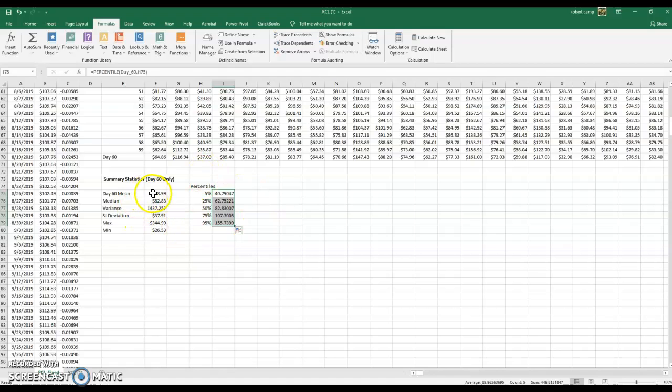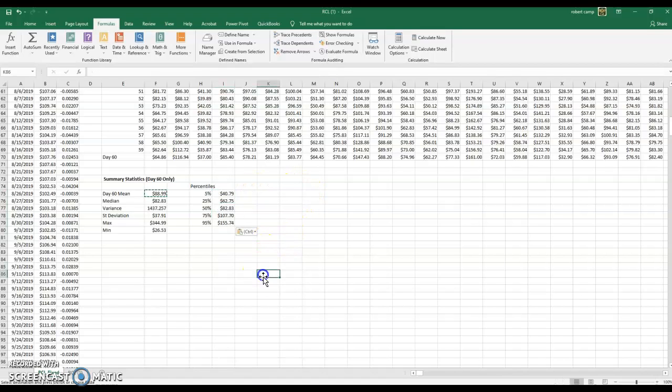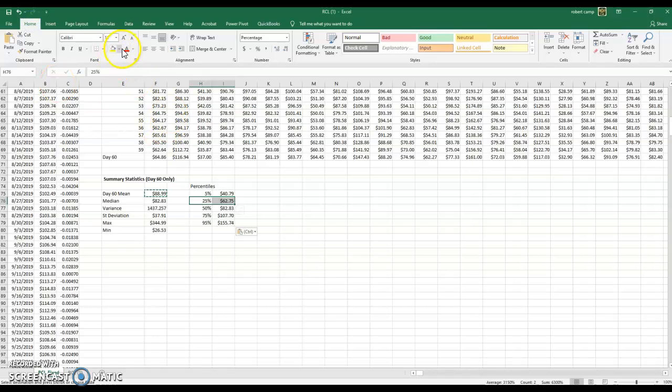Now these are all going to be dollar values. So I'm just going to paste my formatting over here. And there we go, we're on my paintbrush. And so we're looking at this. If I'm looking at the 25th percentile, this is the one that I brought up earlier. So what does a 25th percentile mean?